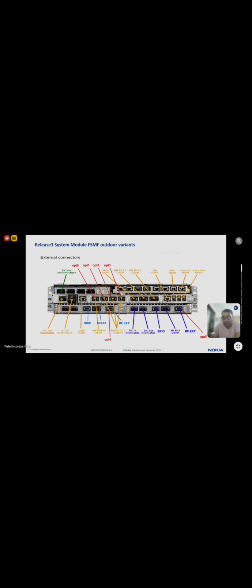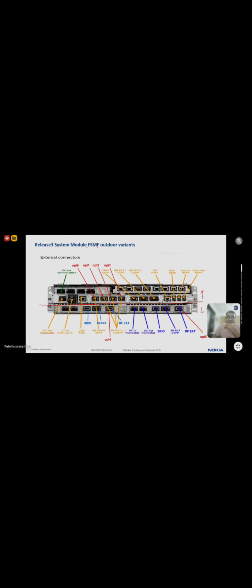This is the outer view. These are the multiple ports in the FSMF. If you segregate from here to the upper side, below is the extension module and upper is the base module.